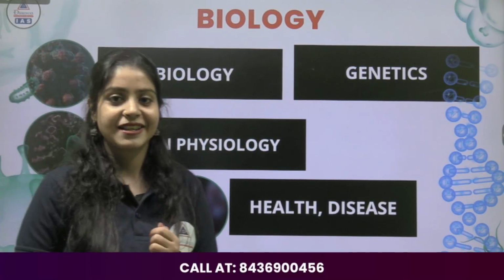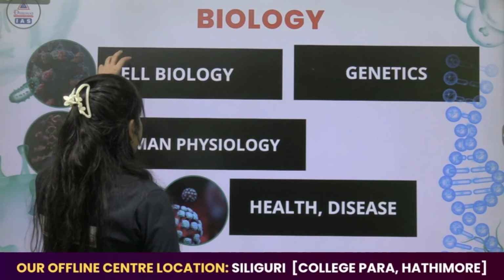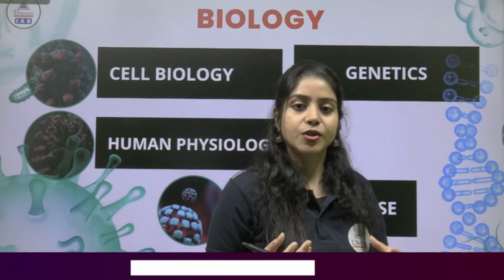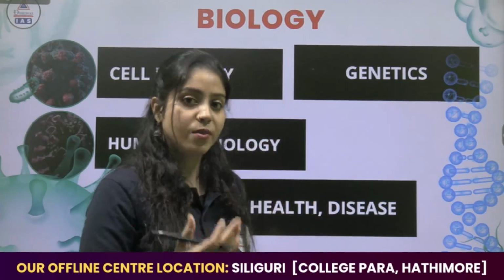So biology. Here the first topic is cell biology. You need to know about the basic structure of a living system, that is the cell. You need to understand what a cell is, what the cell organelles are, and how they coordinate to perform a task.